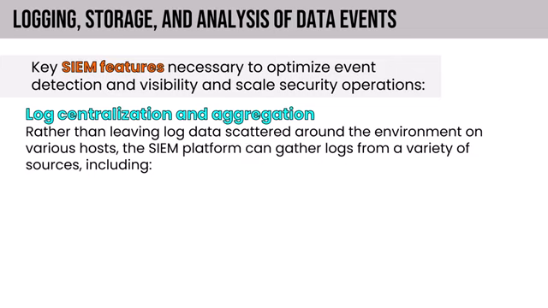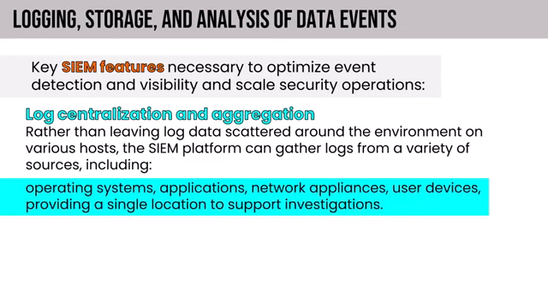Rather than leaving log data scattered around the environment on various hosts, the SIM platform can gather logs from a variety of sources, including operating systems, applications, network appliances, user devices, providing a single location to support investigations. And when we have all those disparate sources of data, it gives us greater context as to how activities, including bad actors, are moving about our environment. It gives us a better idea of the scope of an incident.